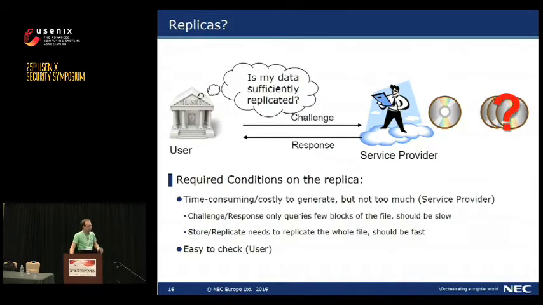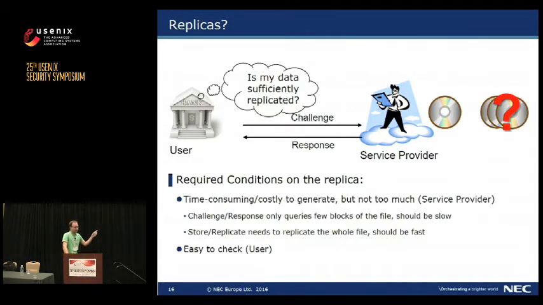And of course, that's kind of a dilemma, because we have this challenge response in the verify, and there we would like to find the cheating service provider who was not replicating but is now replicating on the fly. So responding should be rather costly if you have not replicated before, which means the replication process needs to be associated with some cost, time-wise or computation-wise.